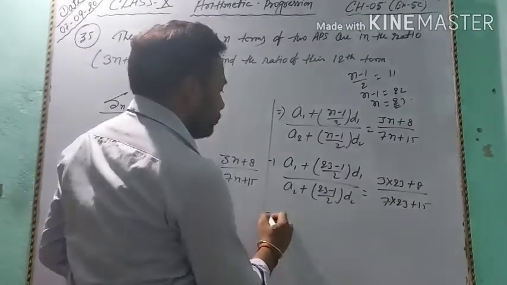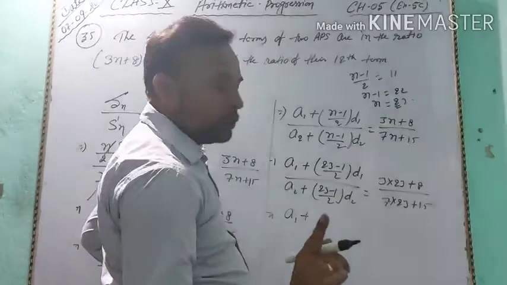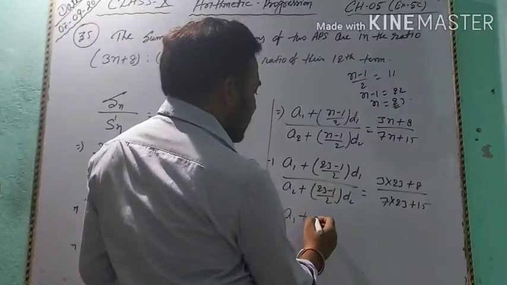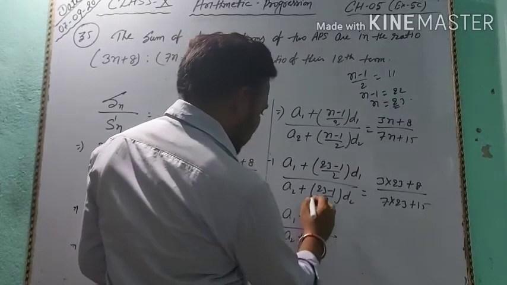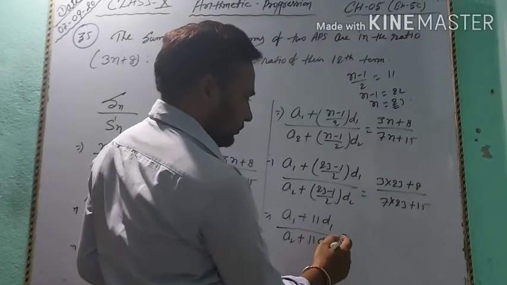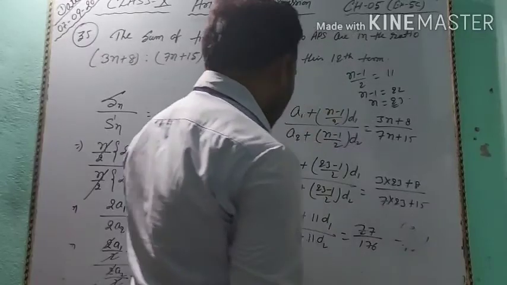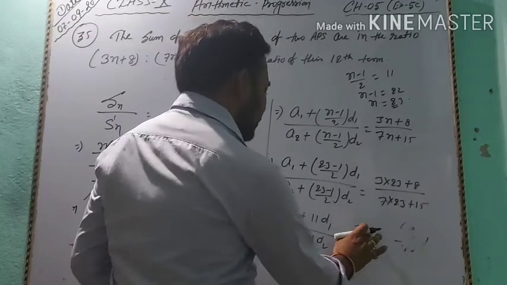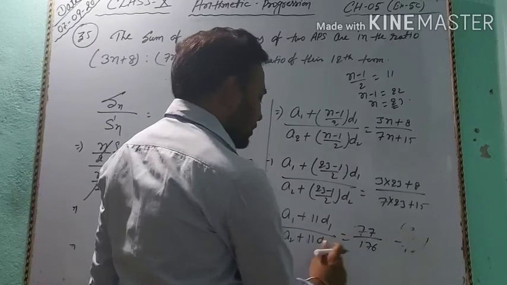Students, a1 plus 23 minus 1, that is 22, divided by 2, that is 11d1, by a2 plus 23 minus 1 by 2, that is 11d2, equals 77 by 176.